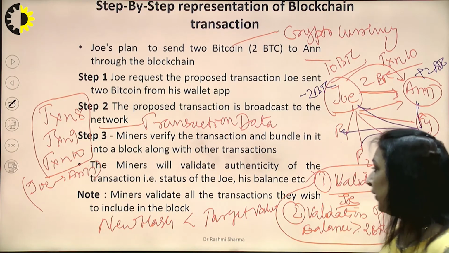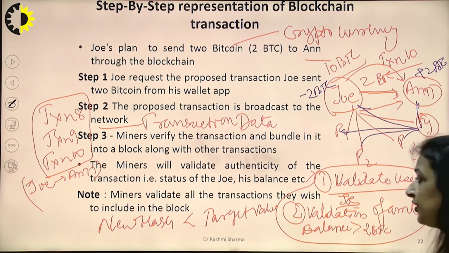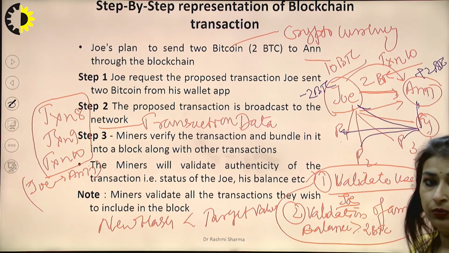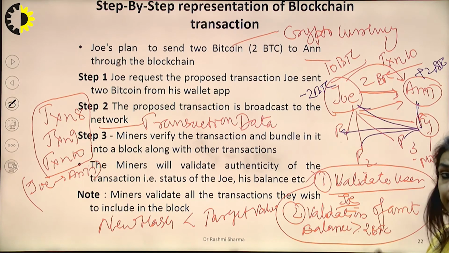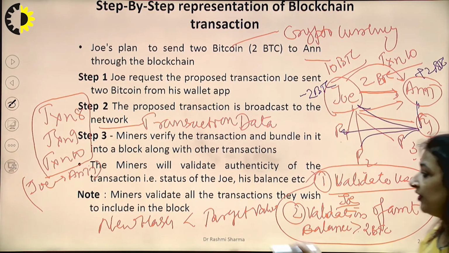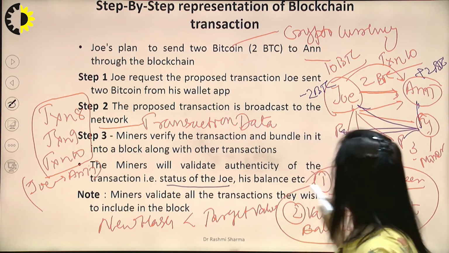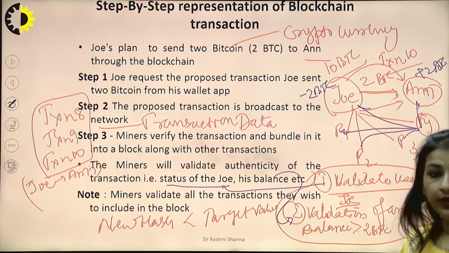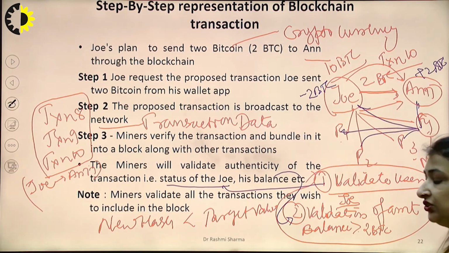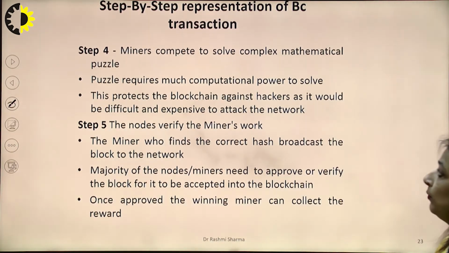The miner validates this transaction which they want to include in that particular block. So we have to see which block contains all those particular transactions. Here we have seen that if Joe is a valid user and has the sufficient amount, then the miners validate the transaction and continue to create a block.